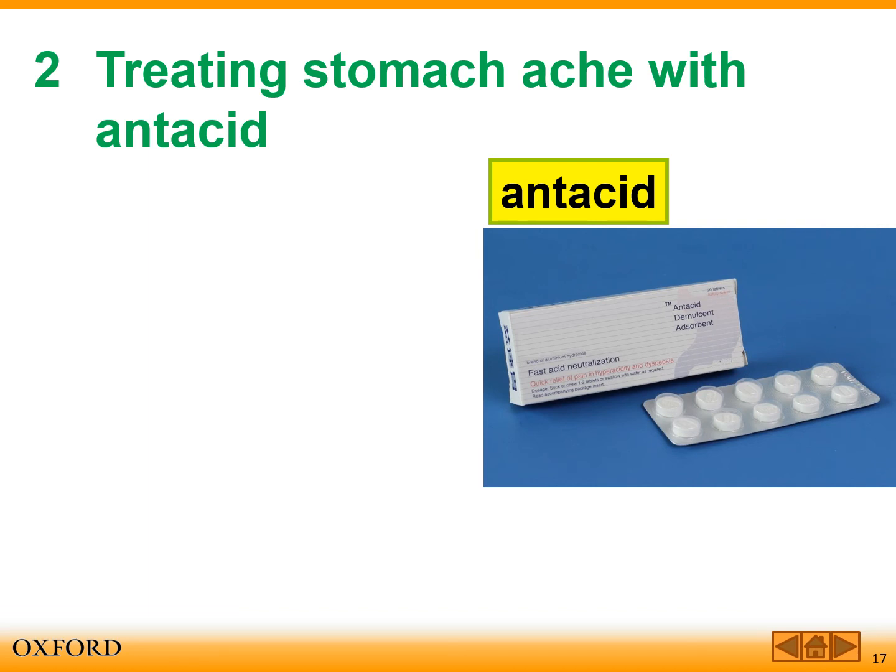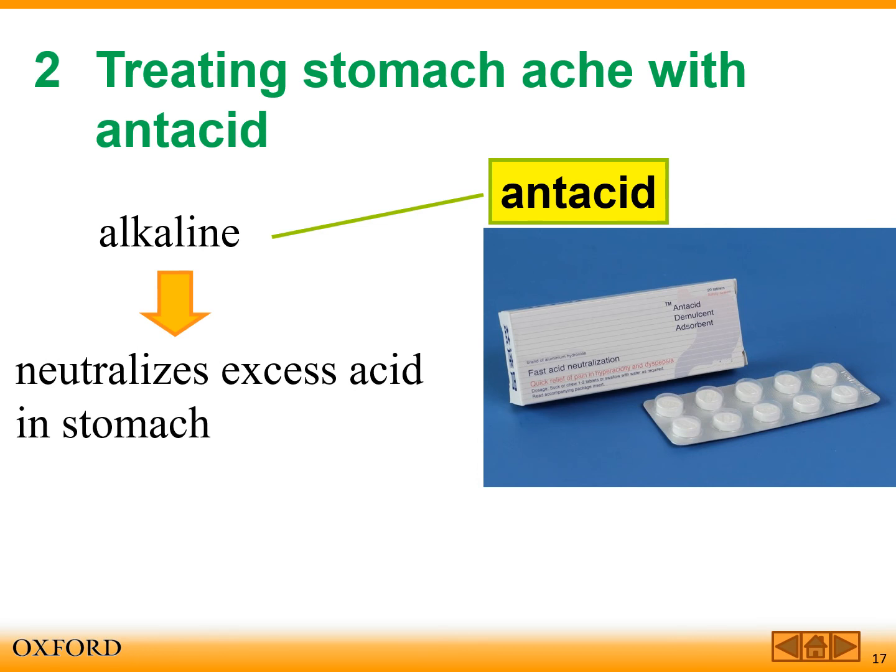So the antacid is alkaline. Usually it is magnesium hydroxide or aluminum hydroxide. It neutralizes the excess acid in the stomach so as to relieve the stomach.